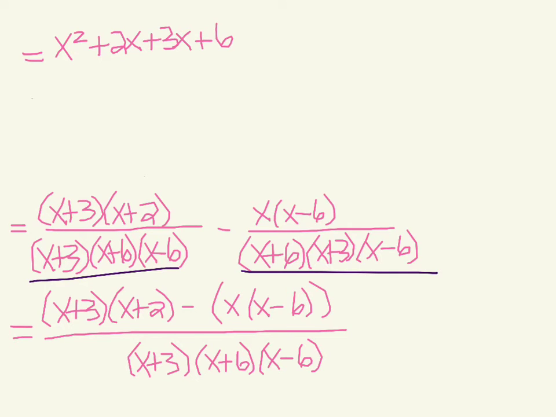And now I'm going to look at distributing this x, and that's going to give me minus, and again, this is why the parentheses are important, x squared minus 6x. And here at this step, those parentheses are necessary, otherwise it changes my answer.